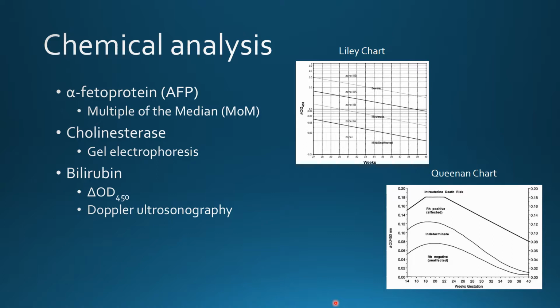Another analyte that we look for in the amniotic fluid is cholinesterase. Cholinesterase is an enzyme that catalyzes the hydrolysis of choline esters. I mean, it's not exactly brain surgery to figure out what these do. An example is acetylcholinesterase.